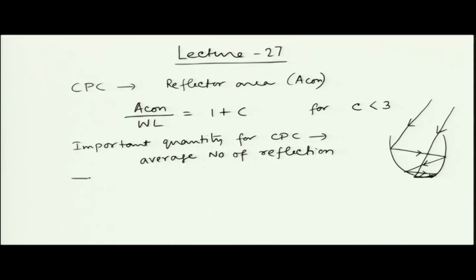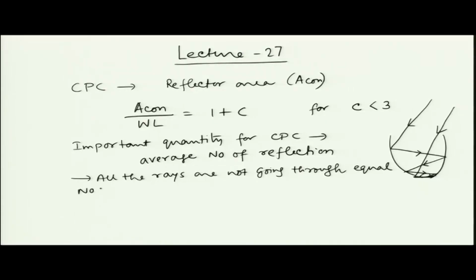So, all the rays are not going through equal number of reflections. So, what is the average number of reflection?